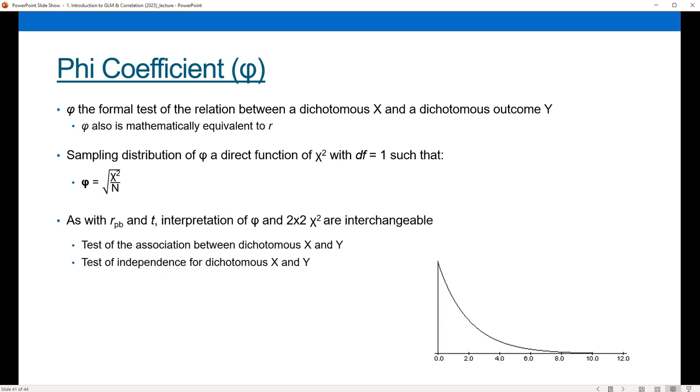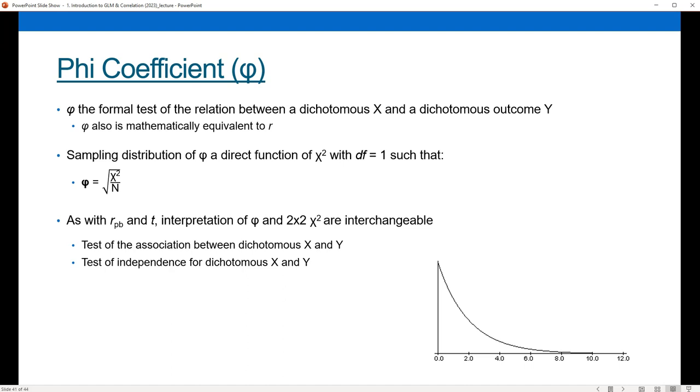So I can talk about the association between a dichotomous X and dichotomous Y in terms of my phi coefficient, or if I want to talk about things in terms of my chi-square test, I can talk about a test of independence between my dichotomous X and dichotomous Y. Does defendant minority status hold an association with death penalty verdict or something like that?